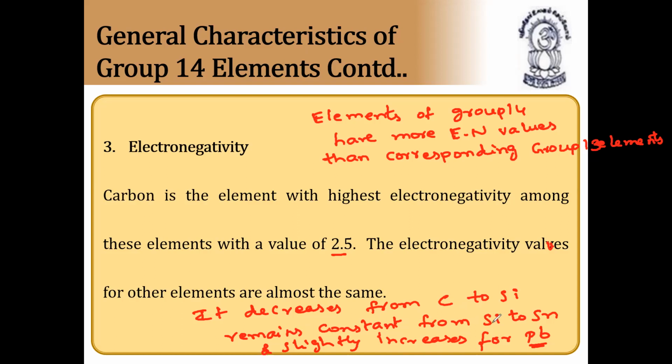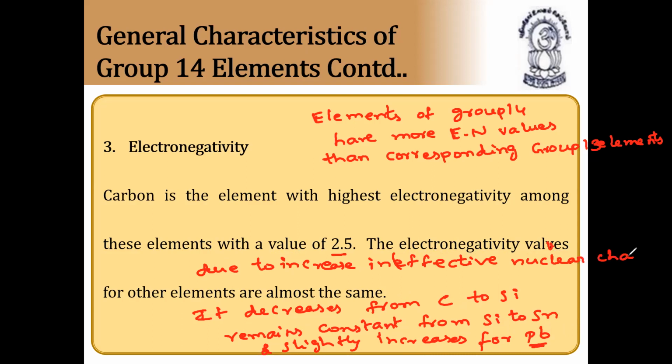As d and f orbitals offer a poor shielding effect, due to the increase in effective nuclear charge, the electronegativity is more for lead.